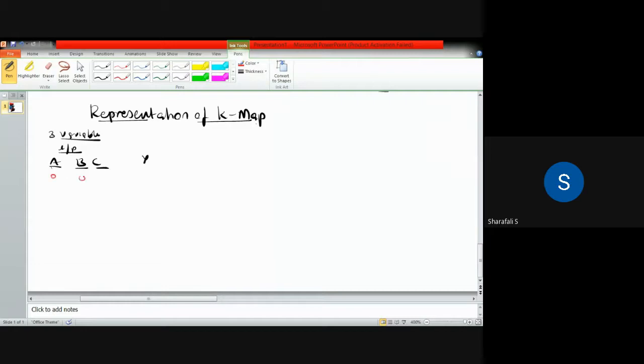A, B, C will be having values 0, 0, 0, then 0, 0, 1, 0, 1, 0, 0, 1, 1, then 1, 0, 0, 1, 0, 1, 1, 1, 0, 1, 1, 1. Correspondingly, we are having output 0, 1, then 0, 0, then 1, 0, 1, 1.